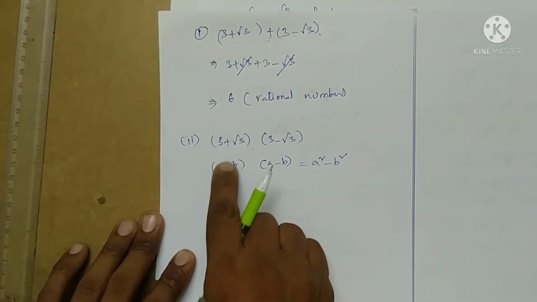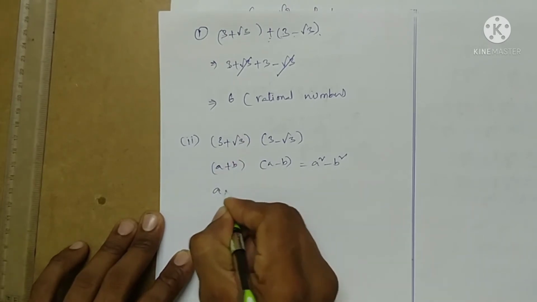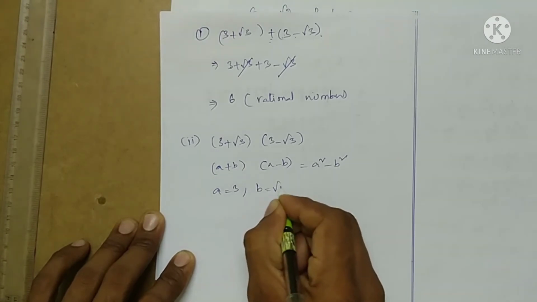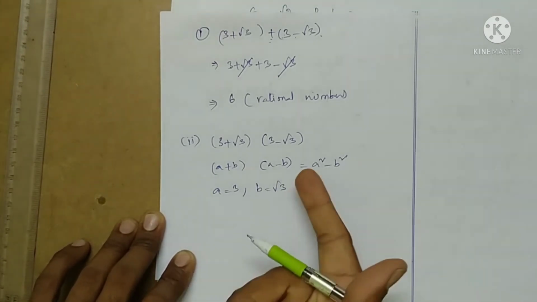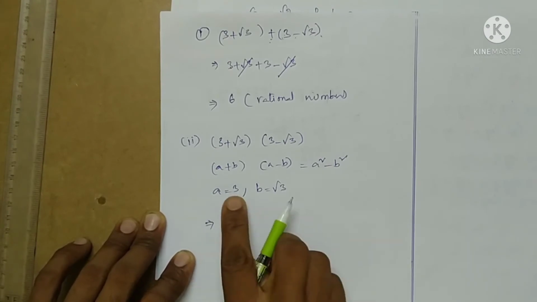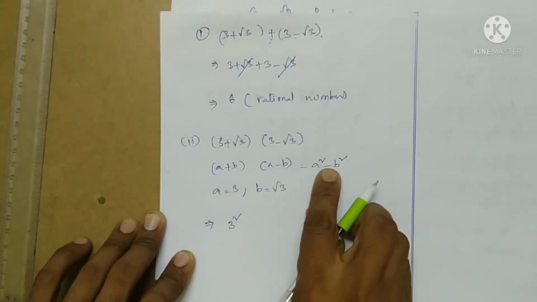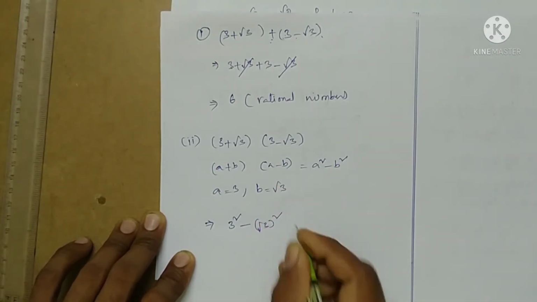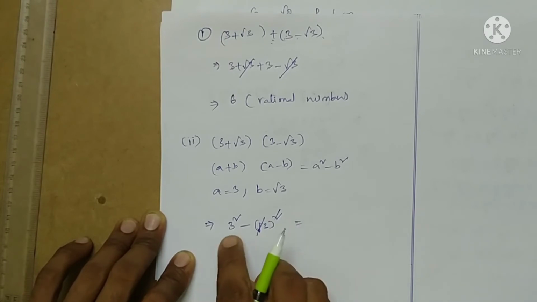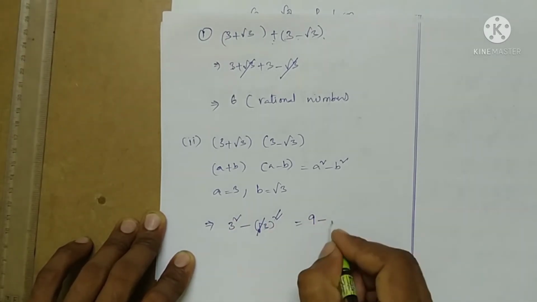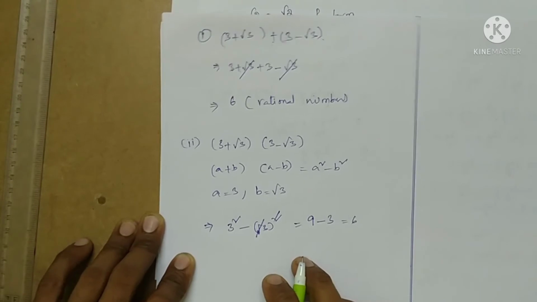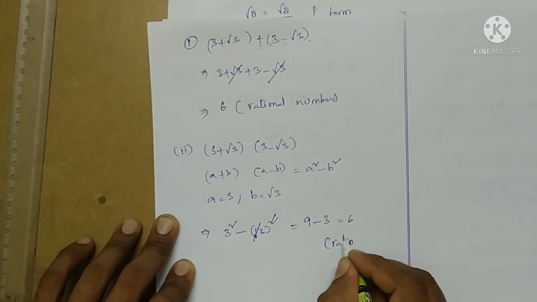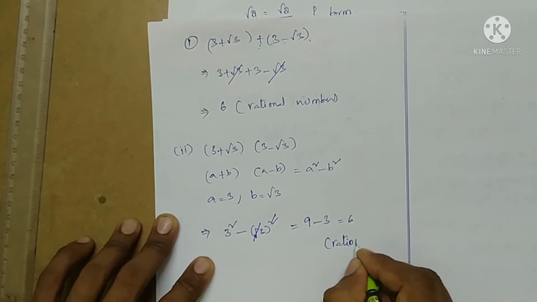Here a is equal to 3, b is equal to root 3. Substituting, we get 3 squared minus (root 3) squared. The square and root cancel, so 9 minus 3, the result is 6. It is also a rational number.